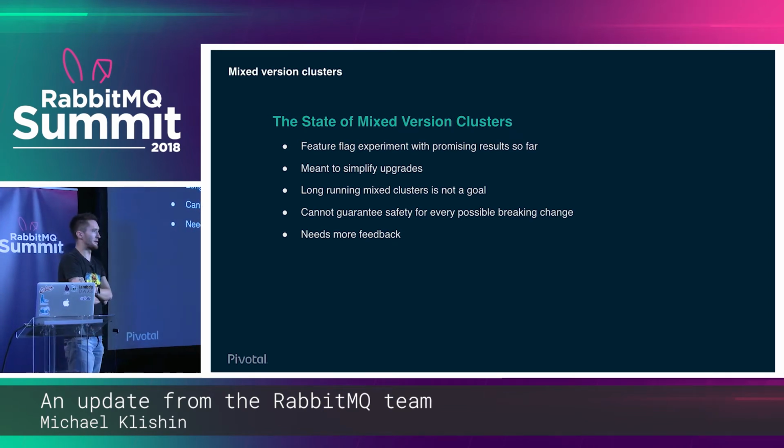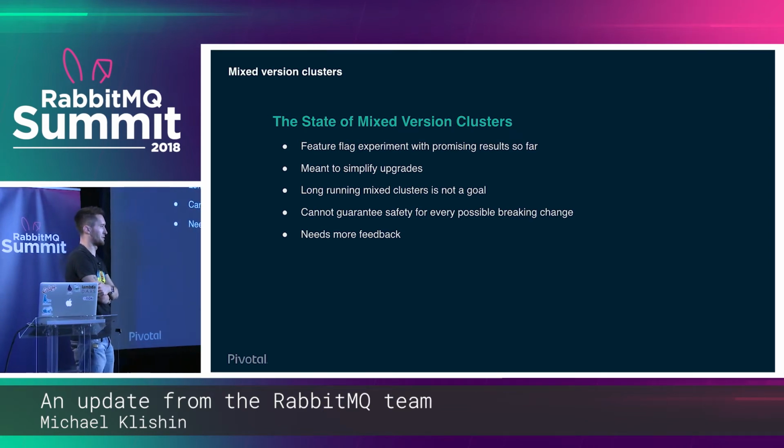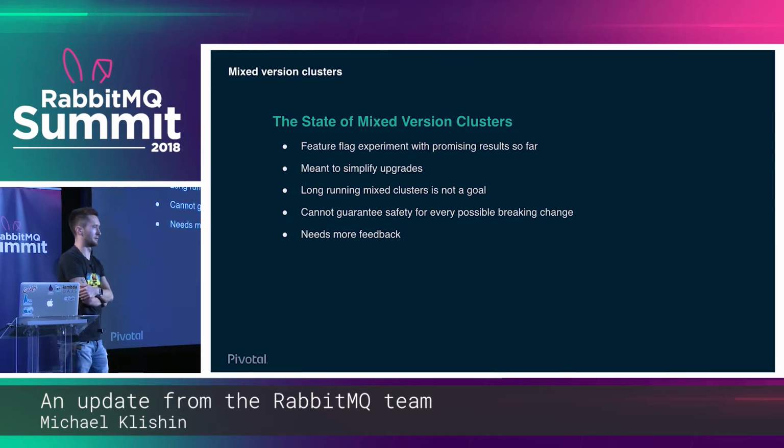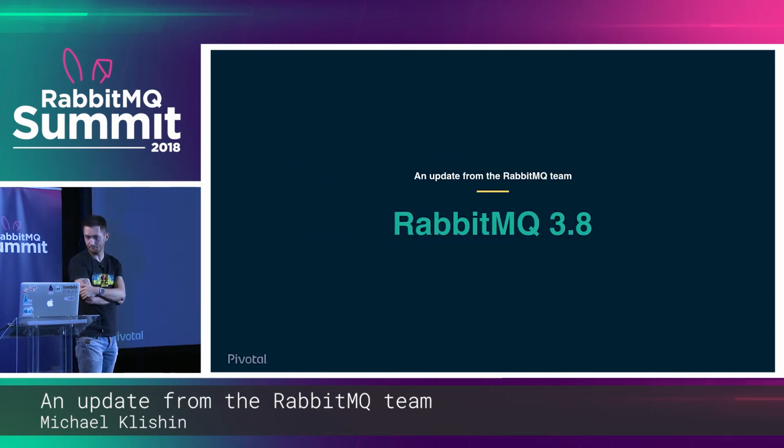We cannot guarantee safety for every single workload because in a distributed system, sometimes the only way to address a problem is to address it in all nodes. If one of the nodes doesn't do the right thing, the rest might as well not be happening. But for common workloads, so far so good. It needs more feedback. Once we merge it, we will definitely ask all of you to give it a try.